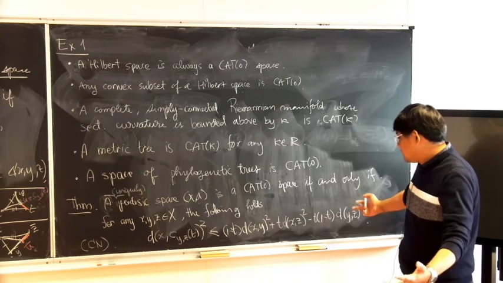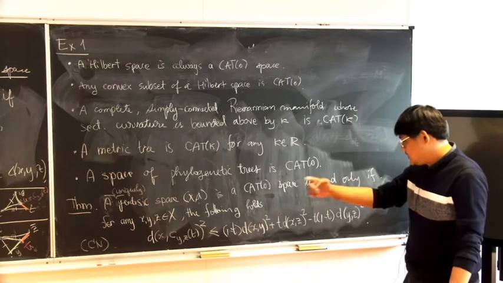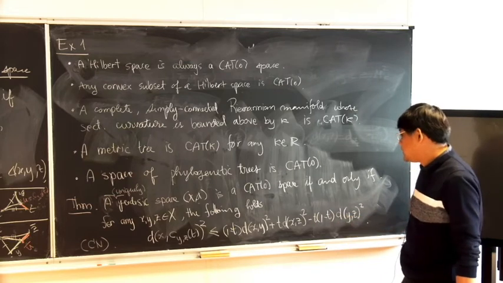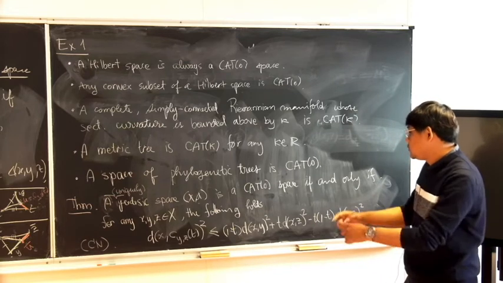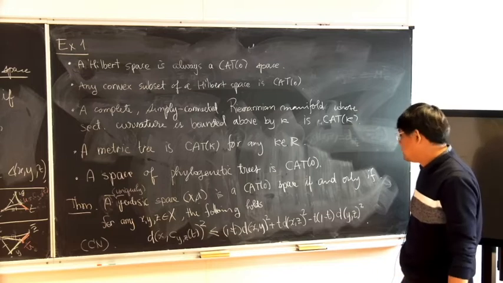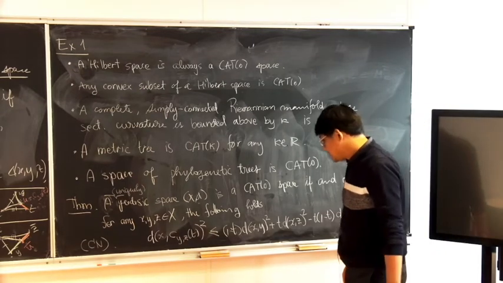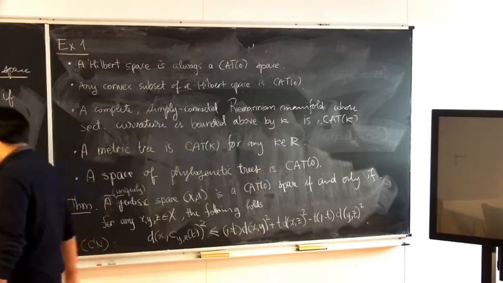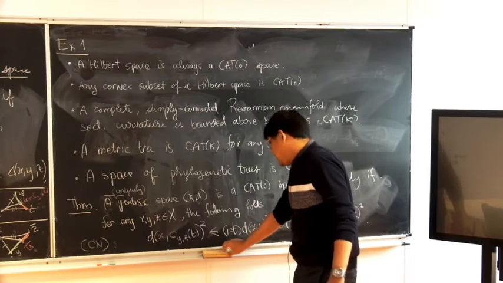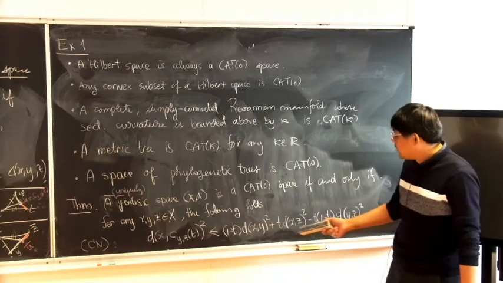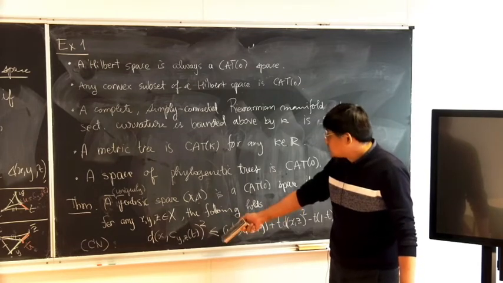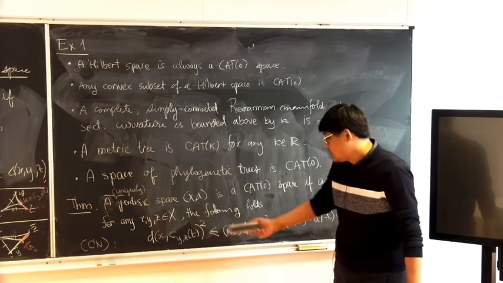Actually we can prove using this CN inequality that there cannot be two geodesics between two different points. So the CN inequality is a useful inequality. Actually, it's kind of an Apollonius identity, but you replace the equal sign in Hilbert space with less than or equal to.